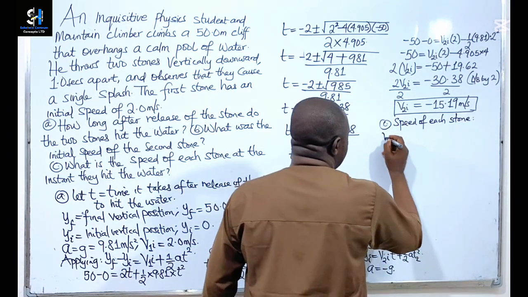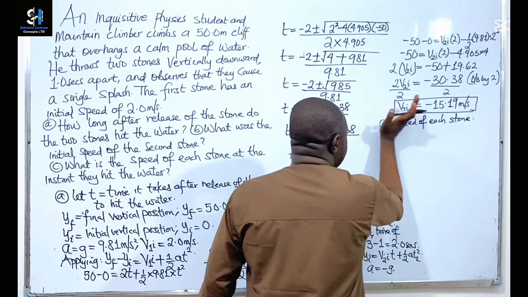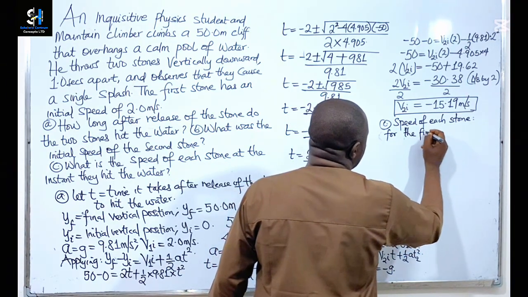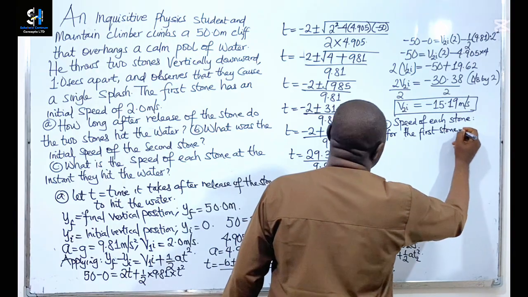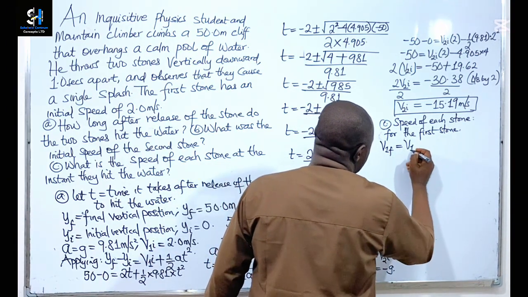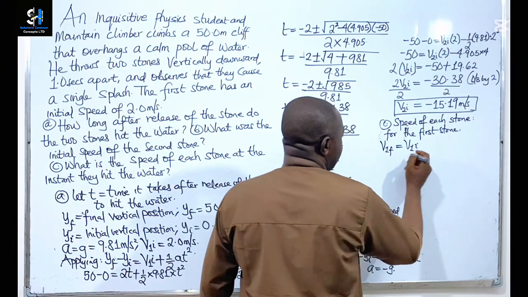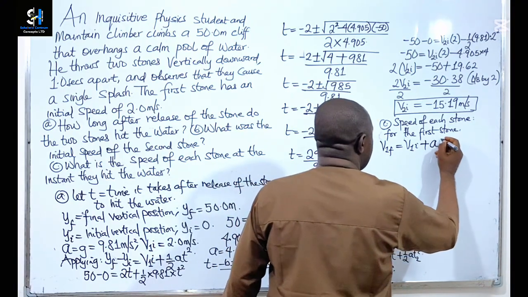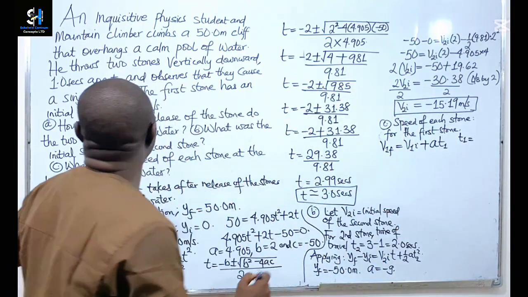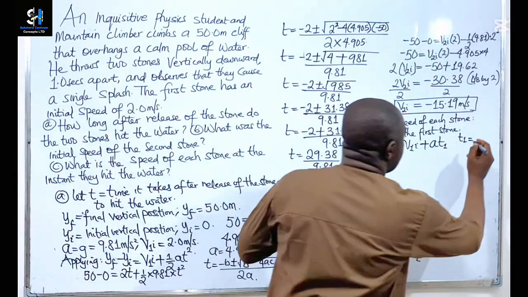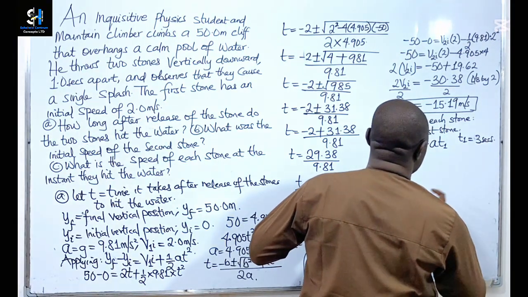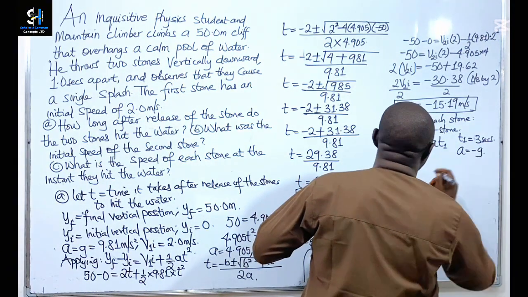So for the first stone, the final speed equals the initial speed of the first stone plus a times T1. T1, we calculated, is 3 seconds.